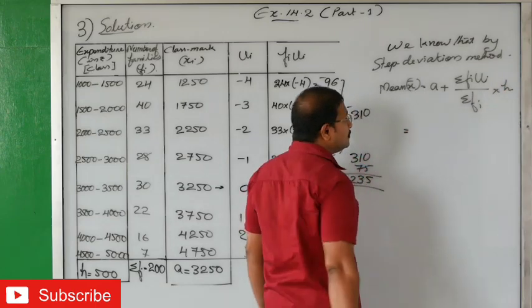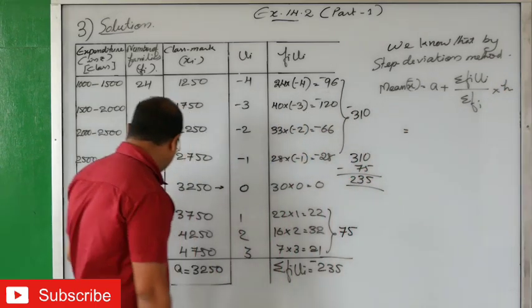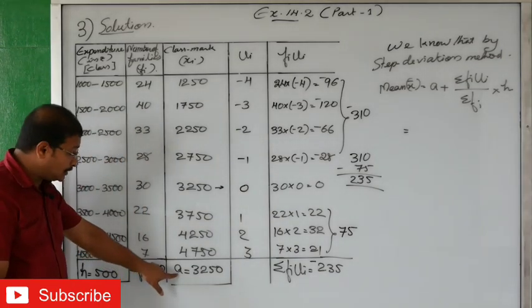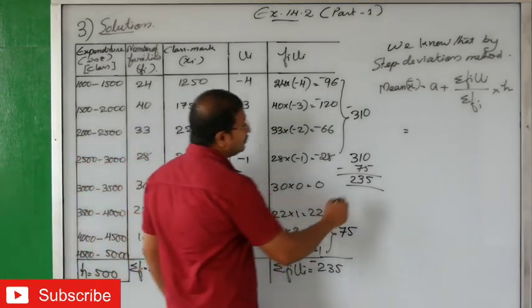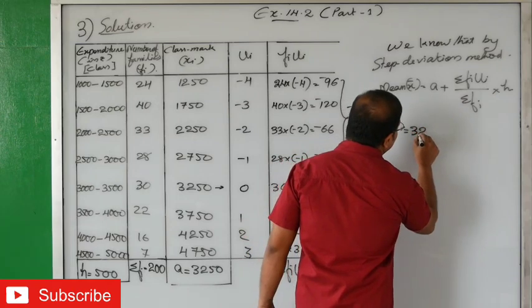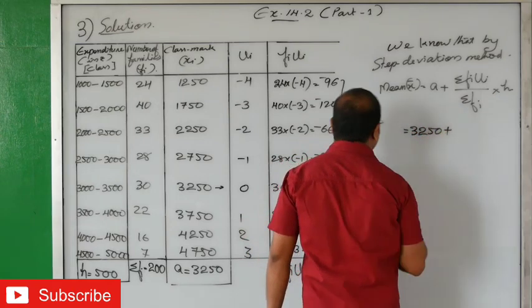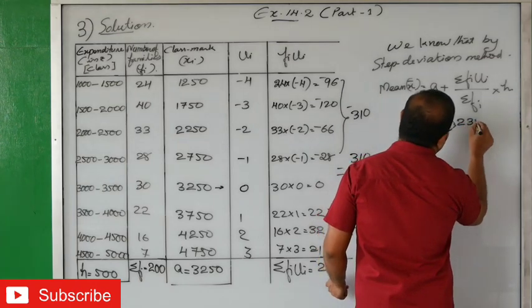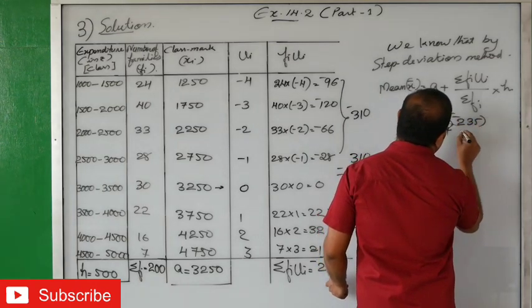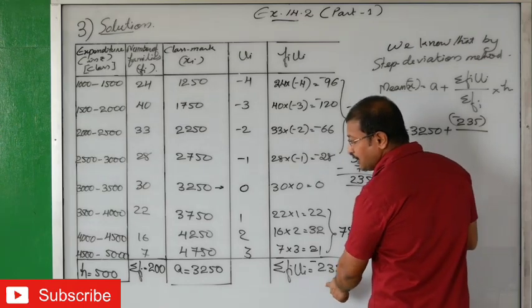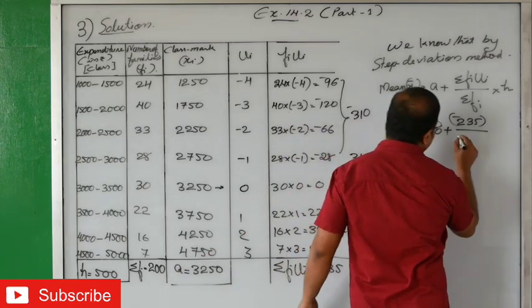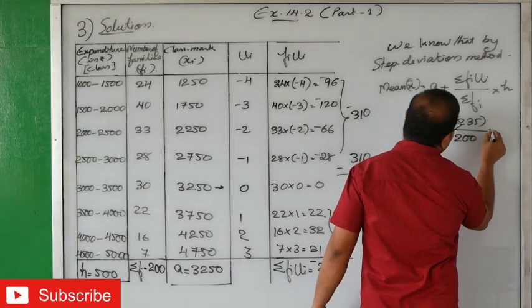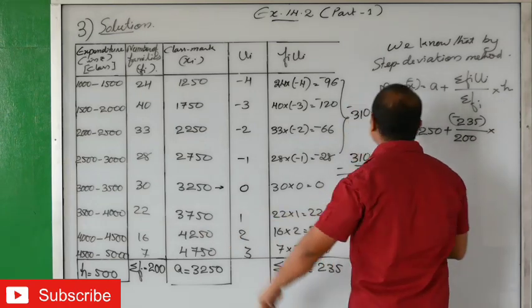This equals, what is the value of a? 3250. So we will write 3250 plus sigma fi ui, that is minus 235. That is minus, so put in bracket, divided by, what is sigma fi? 200, isn't it? So 200 into, what is the value of h? 500.